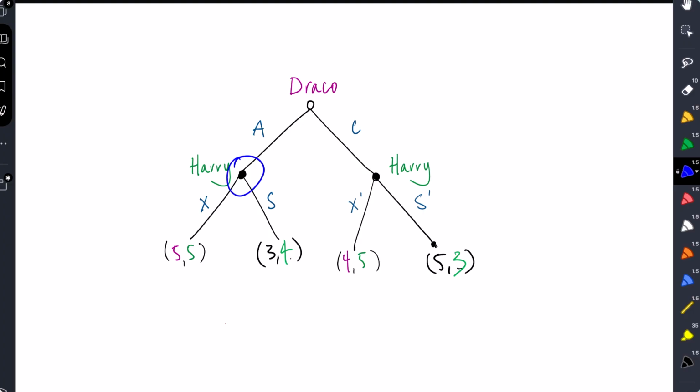So if he ends up here, then he can get either 5 or 4. He's going to want the 5, so he'll play X. If he ends up here, then he can end up with either 5 or 3. He's going to want the 5, so he'll play X prime. Okay, so that's not going to happen, and that outcome is not going to happen.